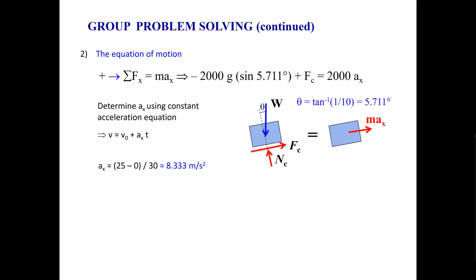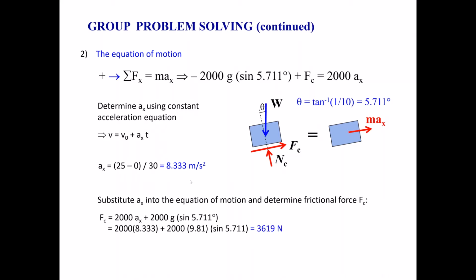Okay, so the next thing we need is to determine the acceleration. We can use the kinematic equation to give us the acceleration. We're given time. It's 30 seconds. We know our initial velocity was 0 because we were at rest. So all we're going to have is 25 minus 0 divided by 30 gives us our acceleration.